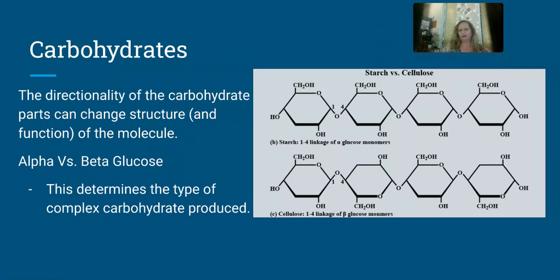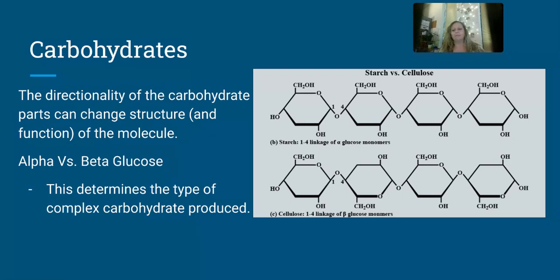Now let's talk a little bit about carbohydrates and directionality. So the direction of the carbohydrate parts can change the overall structure and the function of the molecule. So, for instance, we have alpha and beta glucose.